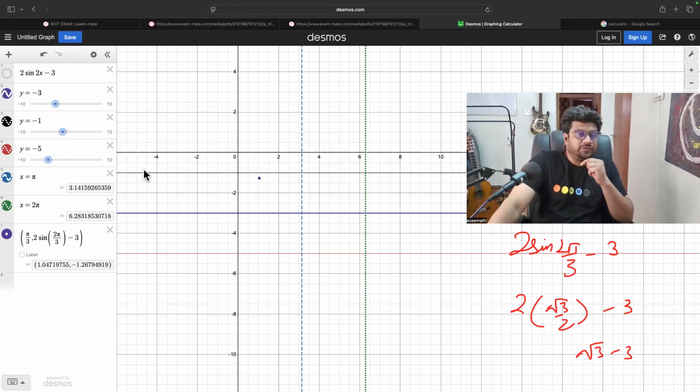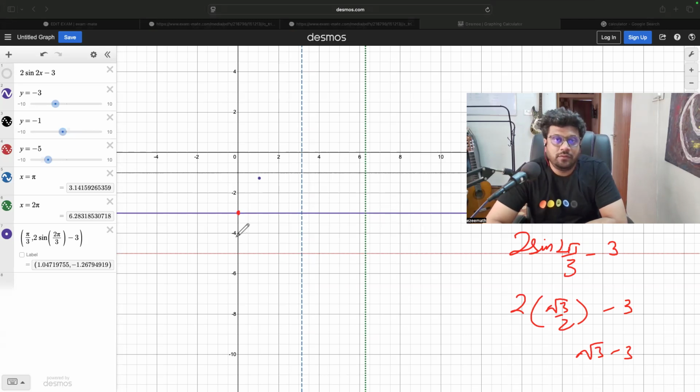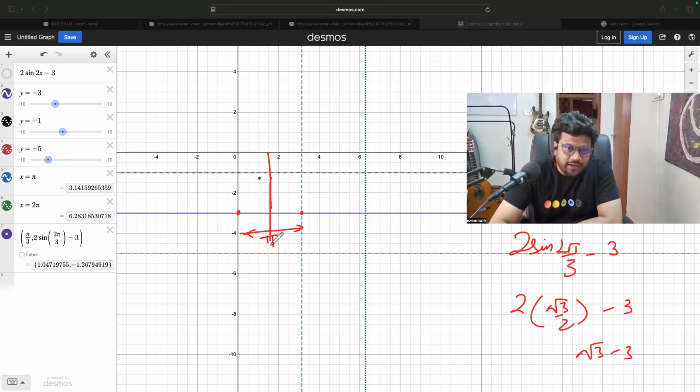Let's see. So because it's a sine curve, remember, always start at the principal axis when x is 0. So there is your starting point. Now you know that this is supposed to be one whole period, that whole thing, pi. So right around pi by 2, somewhere there is going to be half the wave.